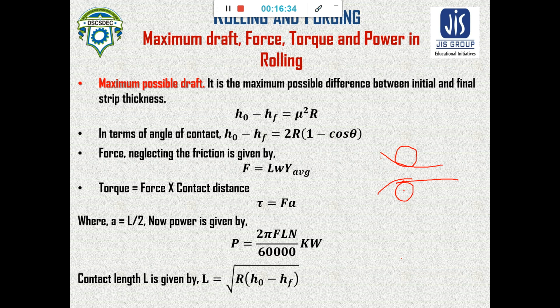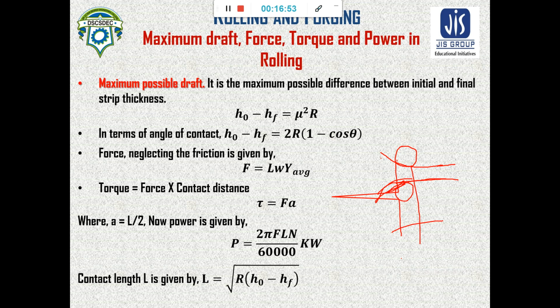For this material stock, there are three or four things that should be known. First, the contact length. At an instant, how much length is in contact with the rolls? This much. So this is known as contact length.